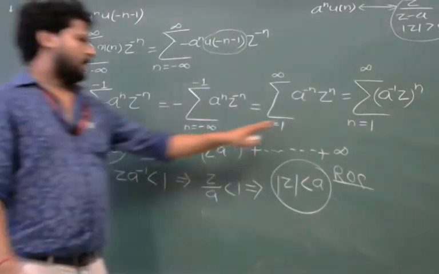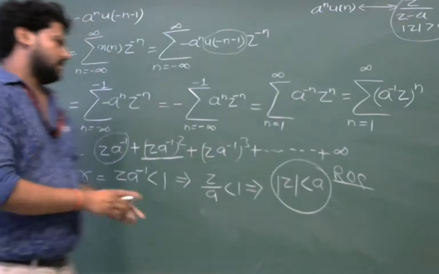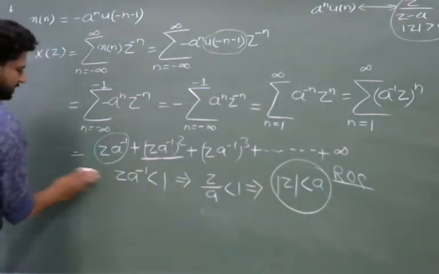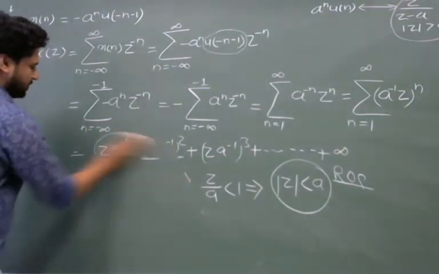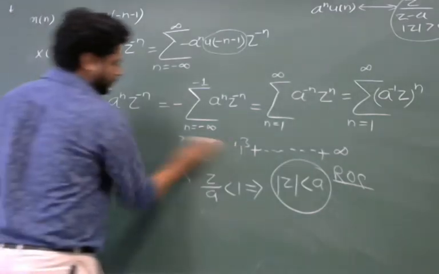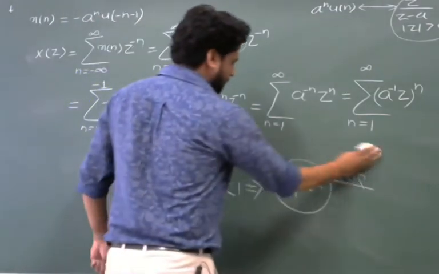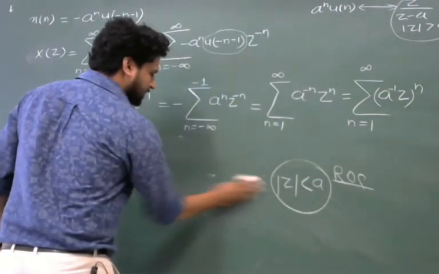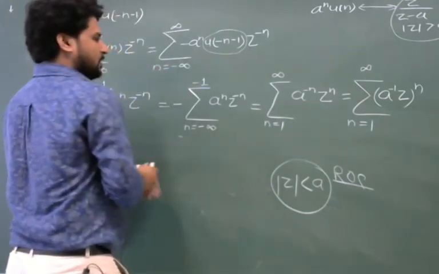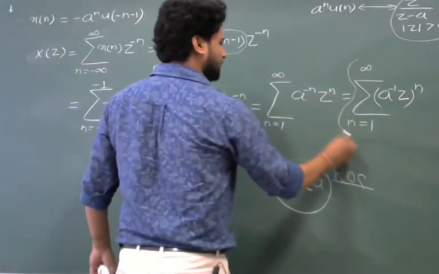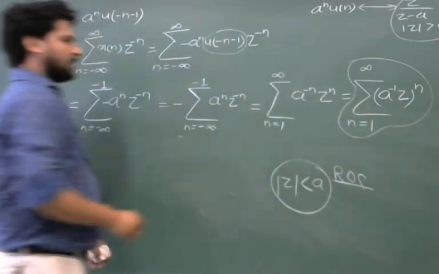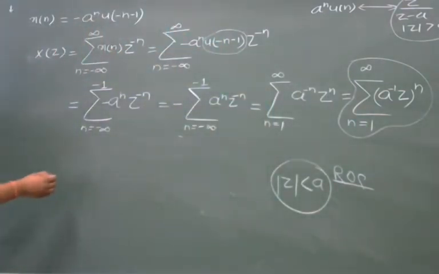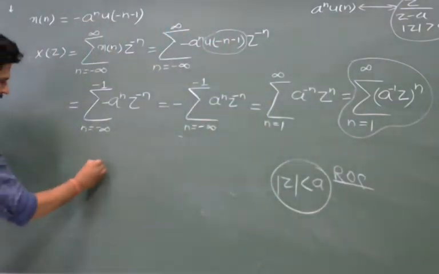Again, for the simplification of this, we can write it as follows. This series is for getting the region of convergence. To get the Z transform, we can simplify this furthermore by putting the limit from 0 to infinite.